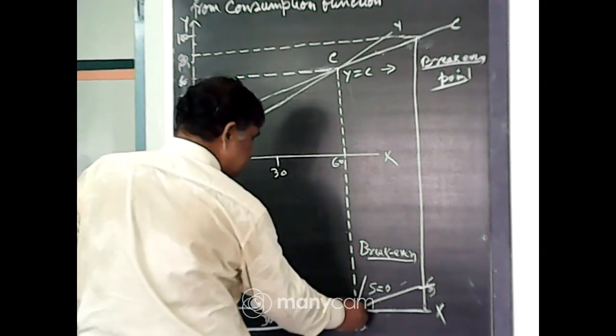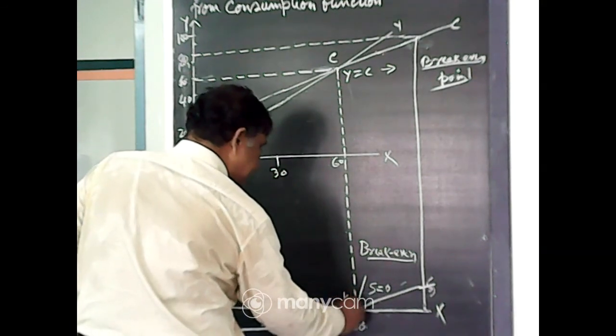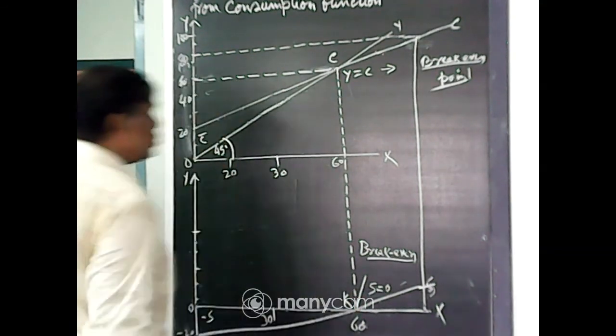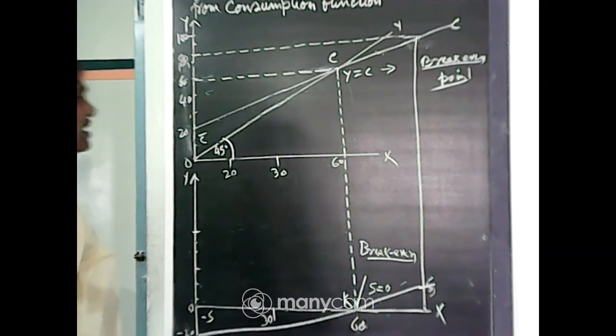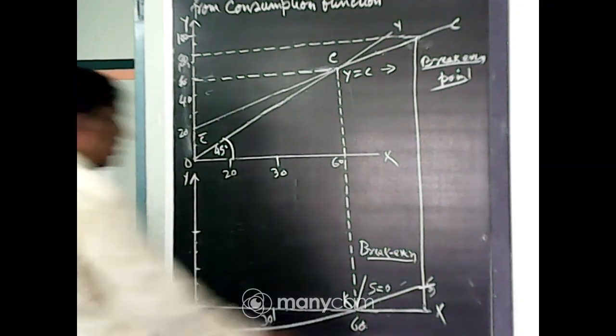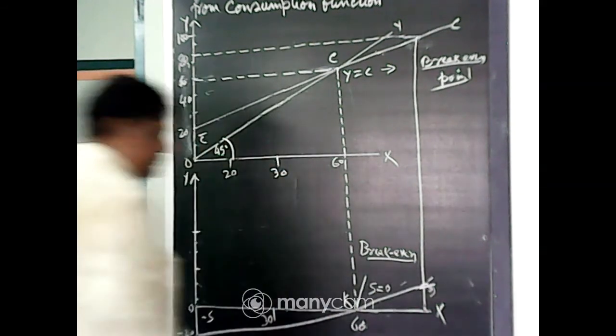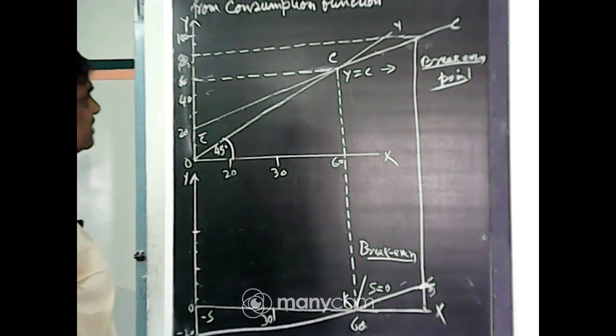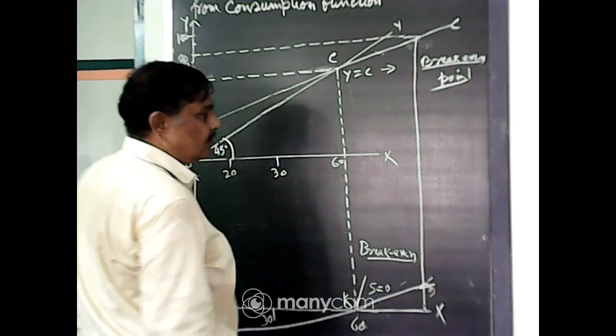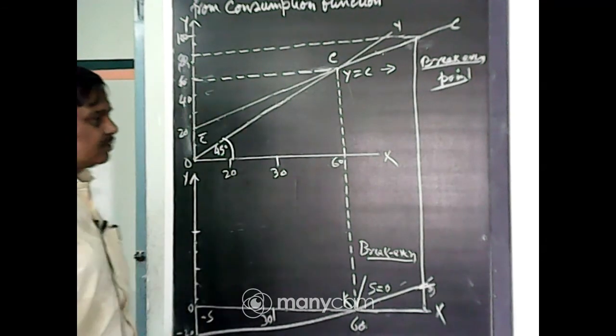And at point, suppose it is K, at point K, S is 0, Y is equal to C, and after that, if income increases, your saving will be positive. So if the saving curve is given, you can easily construct the consumption curve, or in the opposite case, if the consumption curve is given with the income curve, then you can draw the saving curve also. This is very important for the examination.